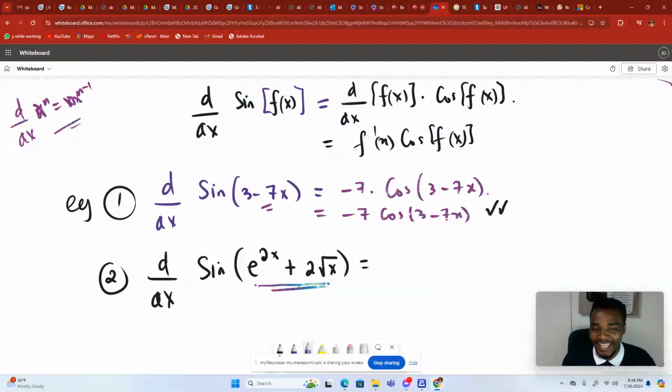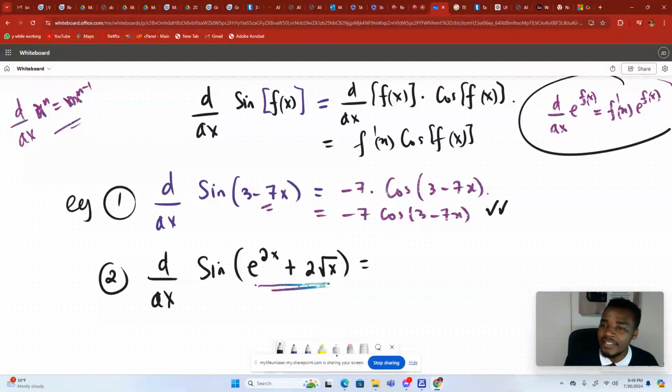What do we get? Okay, let's start by taking a closer look at e to the power of 2x. How are we going to differentiate e to the power of 2x? Remember, in another lecture, we said that the derivative of e to the power of f of x is equivalent to f prime of x times e to the power of f of x. Yes, that's how we differentiate an exponential function.